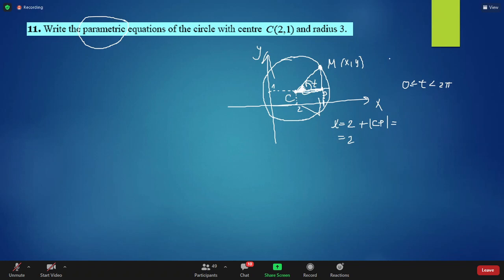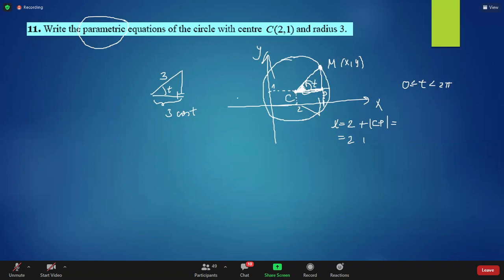So it would be radius times cosine, using school trigonometry from the plane. If we have the angle T and the radius 3, as we know, then this leg would be 3 times cosine T. That's from school trigonometry in a right triangle. So I would say plus 3 times cosine T.